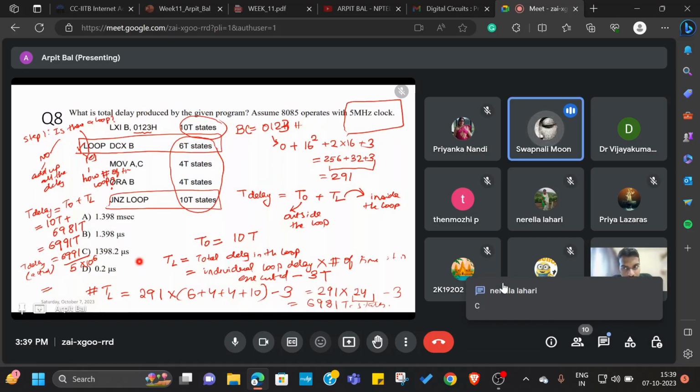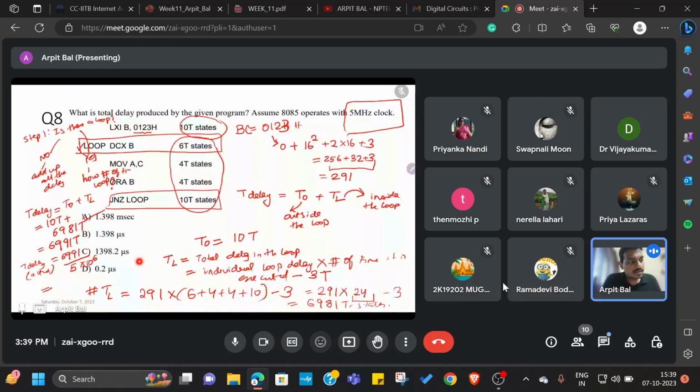Option A, 1.398 millisecond. Yeah, option A is actually correct.